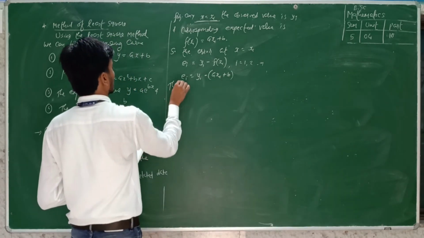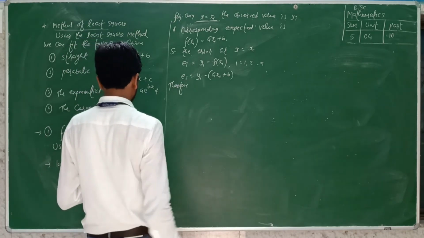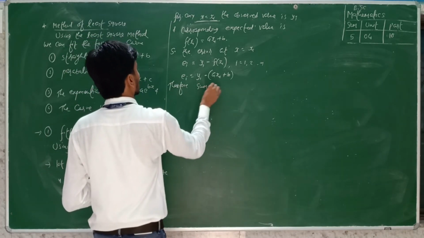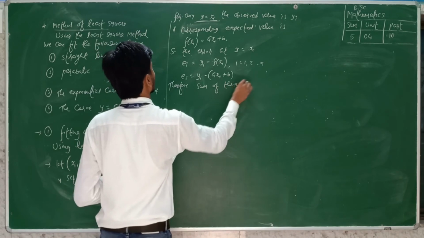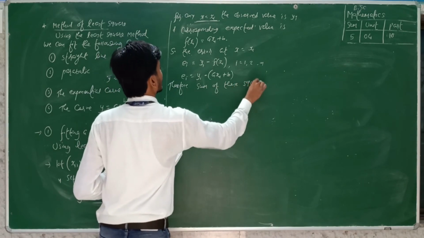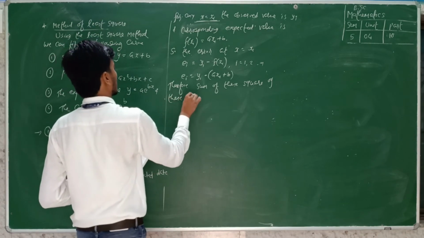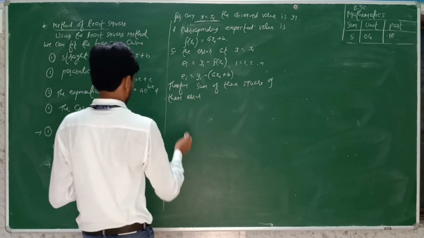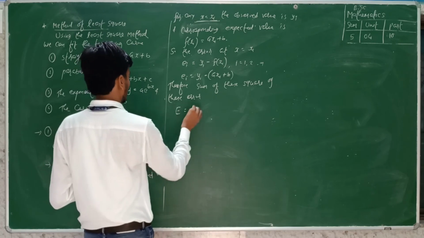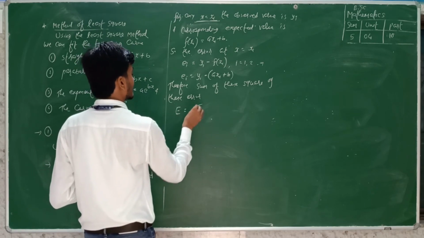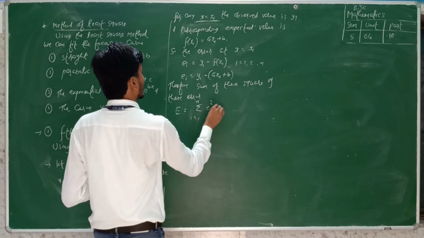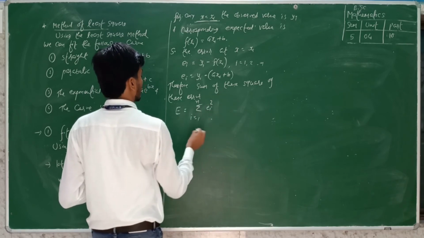Therefore the sum of the squares of these errors is capital E is equal to sigma i is equal to 1 to n, ei square.